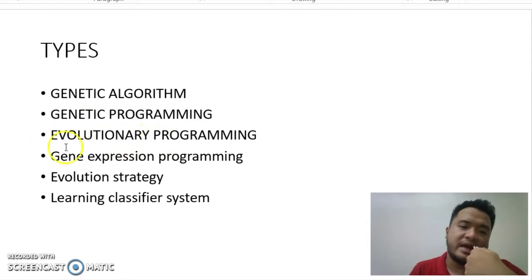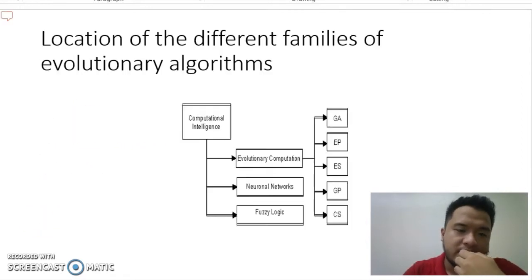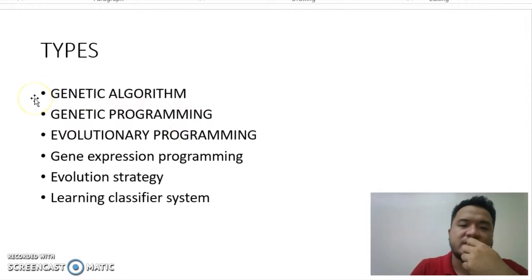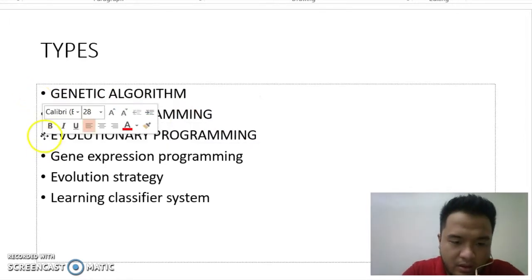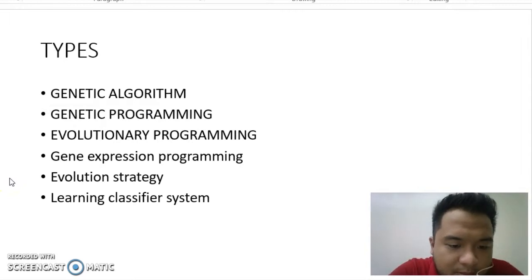So these are the types inside evolutionary computation. First, the genetic algorithm. This is the most popular type of EA.